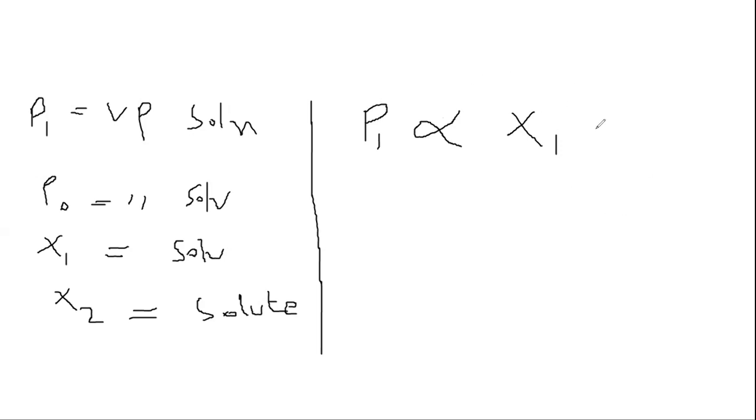When you dissolve a solute into the solvent, the solvent's proportion is going to reduce, so the vapor pressure is going to reduce. To remove this proportionality sign, you would have a constant on the right hand side, and this constant is P naught, the vapor pressure of the pure solvent, times X1.